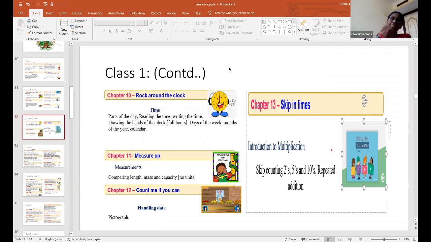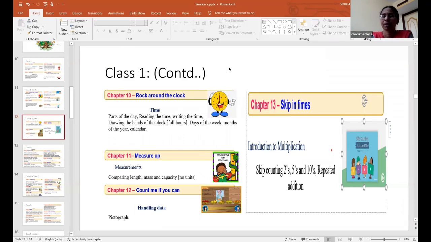In classes 1 and 2 they learn addition and subtraction of numbers up to 100, and in class 2 up to 999, that is, 3-digit numbers. Here we restrict only up to 2-digit numbers. Too many new concepts at the same time may not help the child understand a particular topic effectively. That was our basic idea.